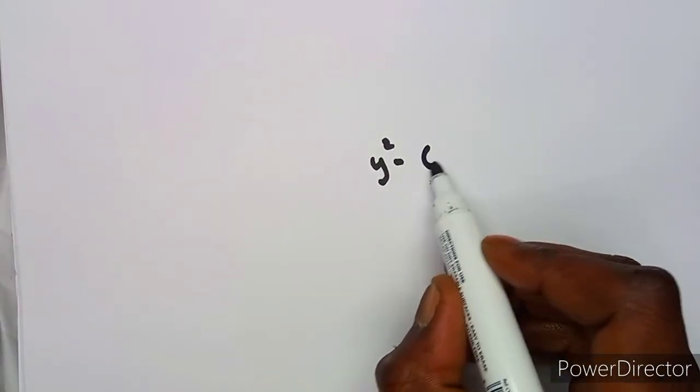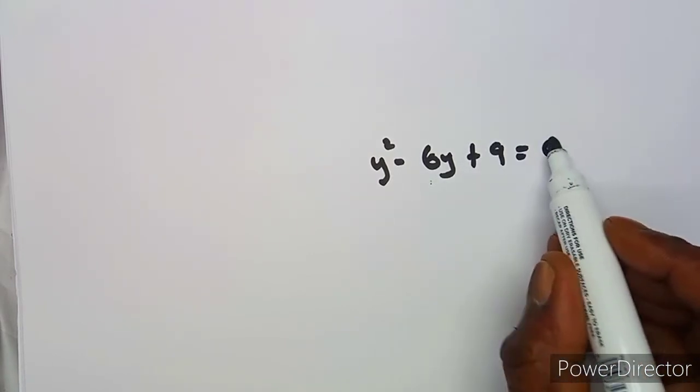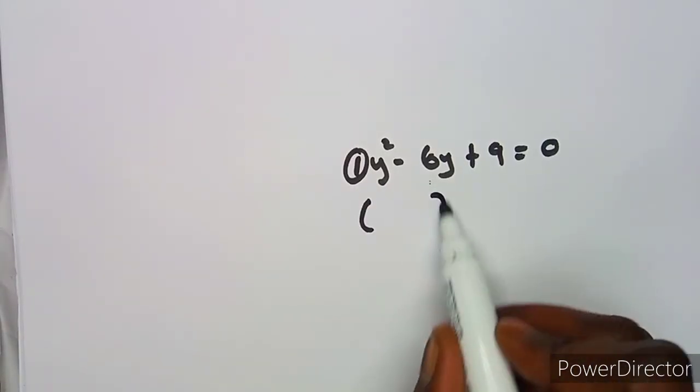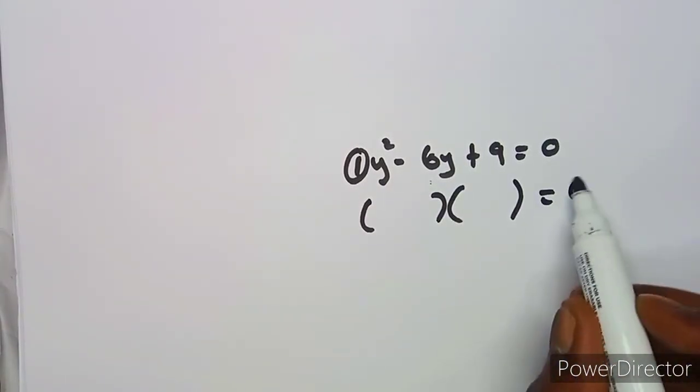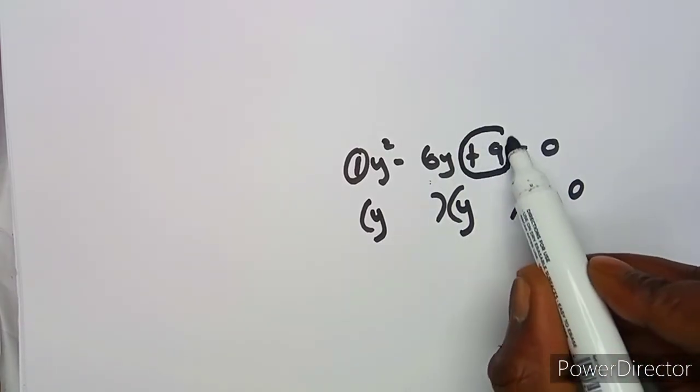So as we can see, this is now an easier equation for us to solve, because you can just perform factorization. y squared minus 6y plus 9 is equal to 0. Remember, this is 1 there, so you just need two brackets, y and y. We focus on the 9.